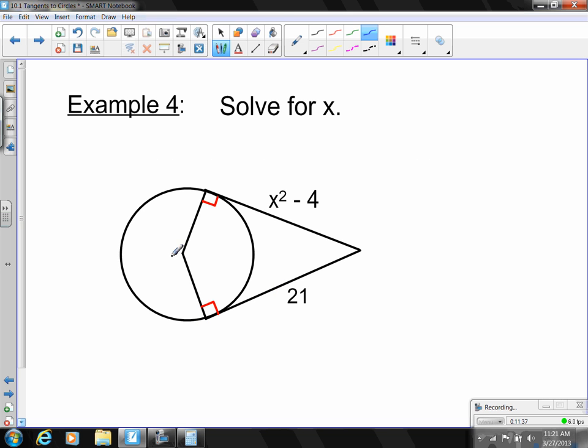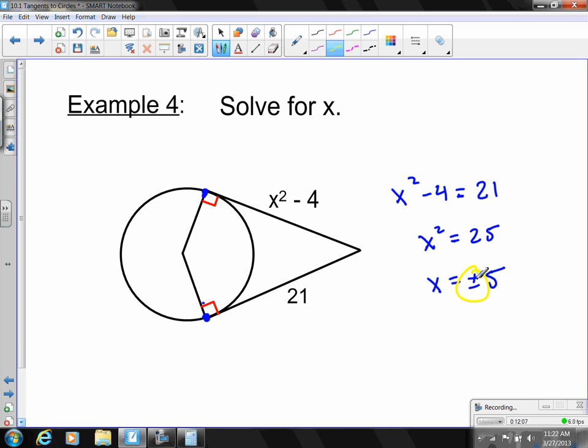So in this case, we know this is a tangent line because it's perpendicular, and we're assuming that it intersects the circle in one spot. So now we know that x squared minus 4, since these segments are congruent, has to equal 21. If I add 4 to both sides, I get x squared equals 25. And when I take the square root, I get x equals plus or minus 5.